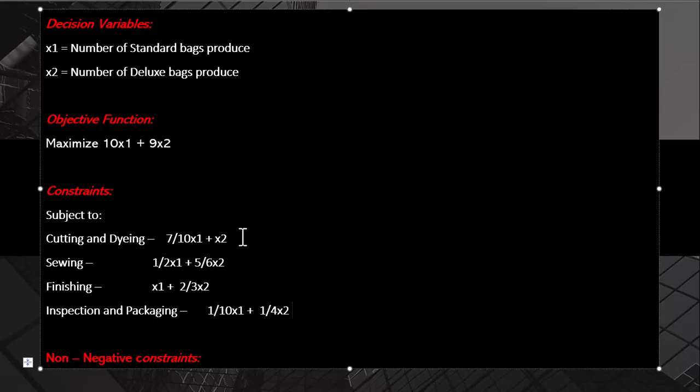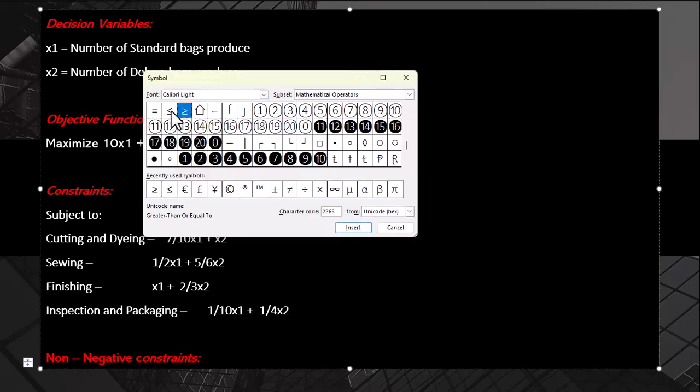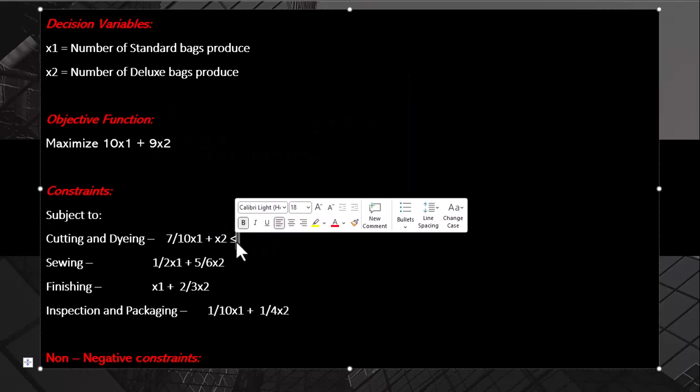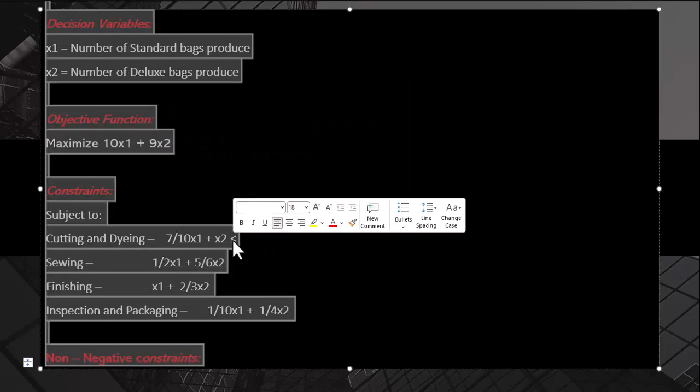As it's a maximizing problem, we are going to use less than or equal to symbol. Okay, we can just copy and paste further.